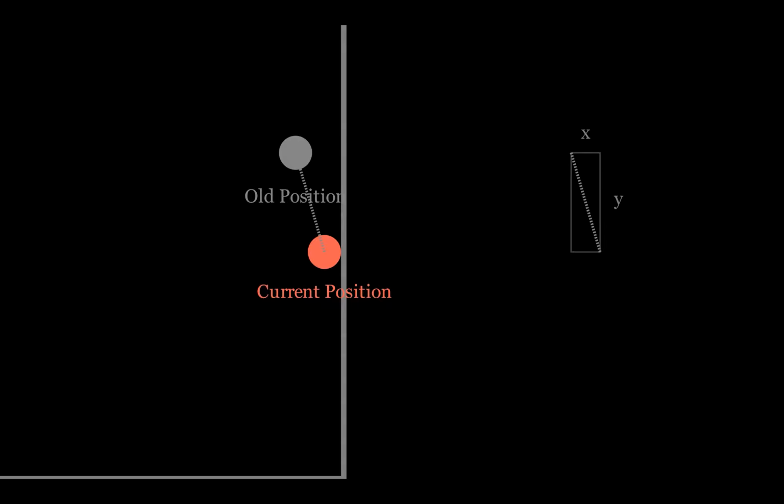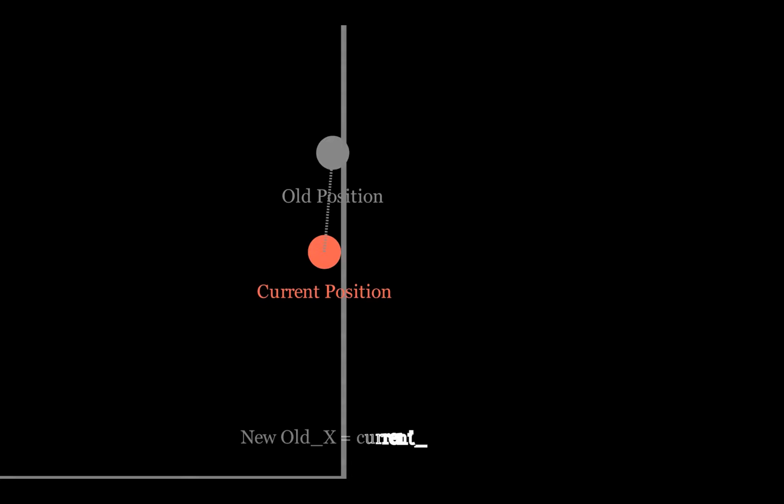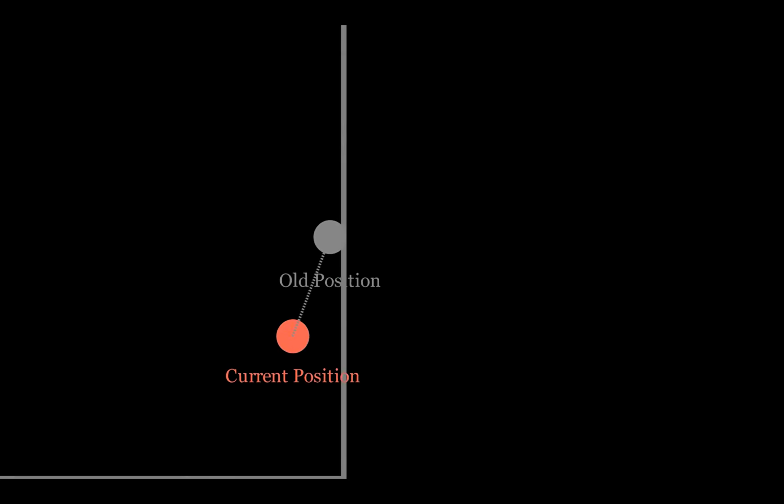So if the position has moved off the X edge of the screen, we will take that X velocity, and as the equation says, the new old X is going to be the current X, so in this case 1280, plus whatever velocity we had previously. And we will just set the old position X to this, current X plus velocity X, which will move our old position to be in the current position, which will send our point flying off in the other direction as it should. We will do the same step if the point crosses the y-axis as well, but I'm lazy to animate that, so you just have to use your imagination for that.